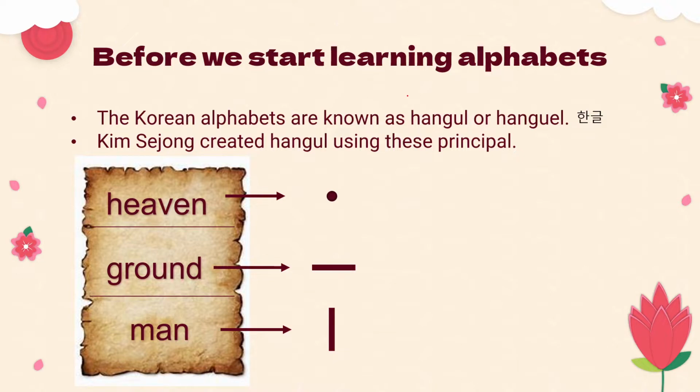The first thing you need to know is that the Korean alphabet is known as Hangul. It can be written like Hanguel or Euel, but the pronunciation is Hangul. This is known as romanization.